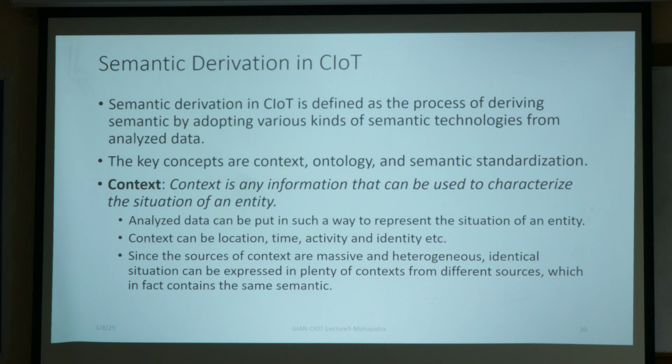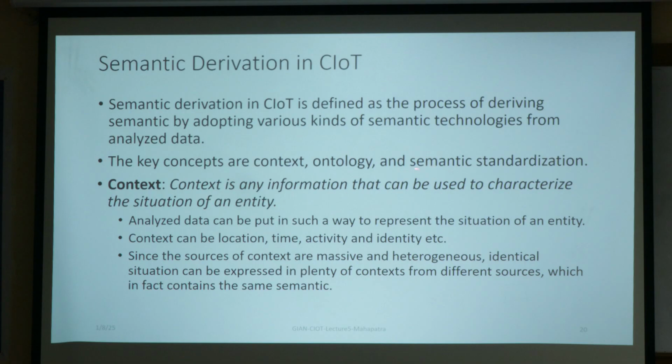Now, semantic derivation in CIoT. Semantic derivation is defined as the process of deriving semantic meaning by adopting various kinds of semantic technology from analyzed data. So you have to apply many technologies to do that. The key concepts are context, ontology, and semantic standardization.